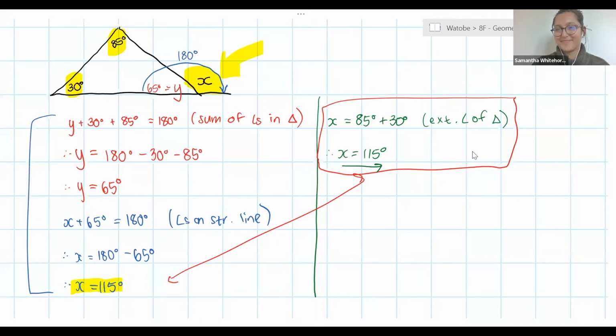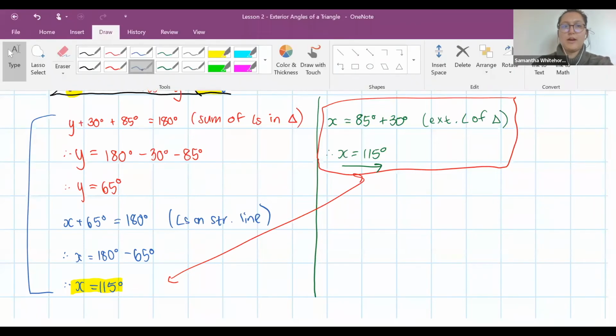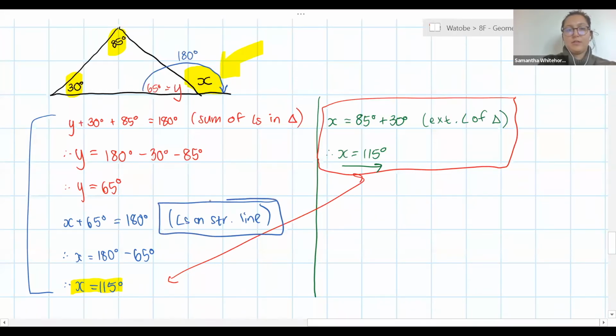Ma'am, I just wanted to ask why didn't you write angles on a straight line in the reason side? So I've put it over here. Yes, that's my reason, angles on a straight line. Isn't it the triangle, the exterior angle?